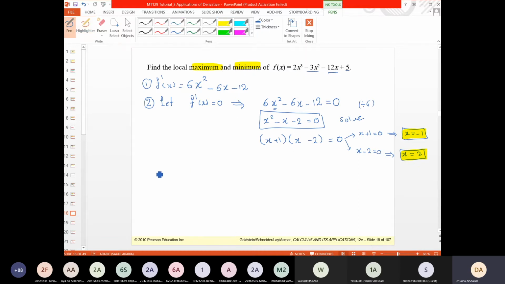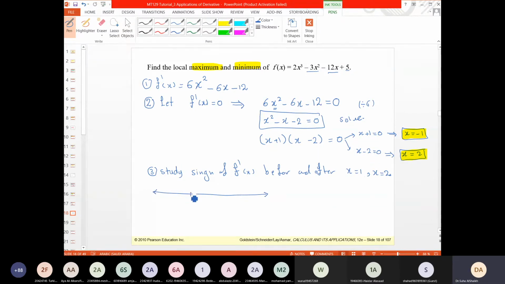Step number 3, we study the sign of f dash x before and after minus 1 and 2. How do we do this? We draw the number line.